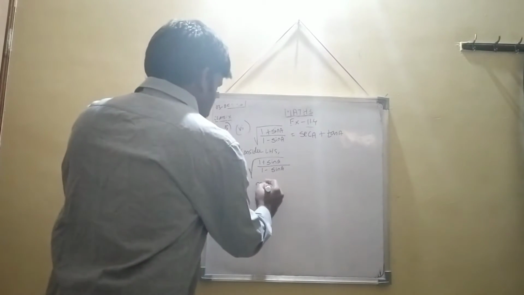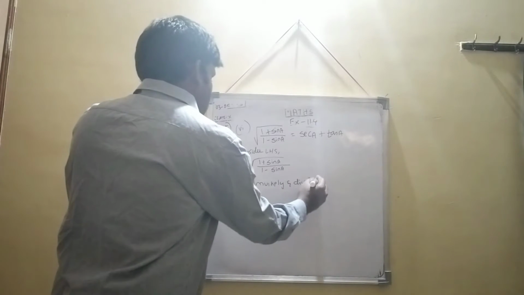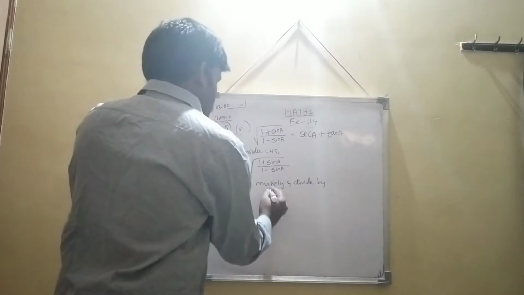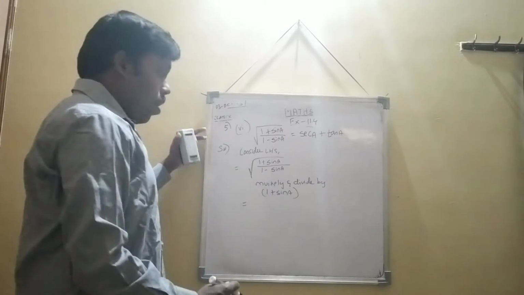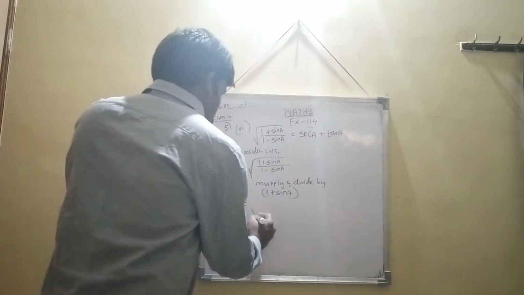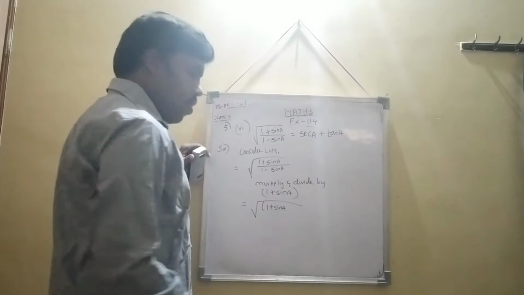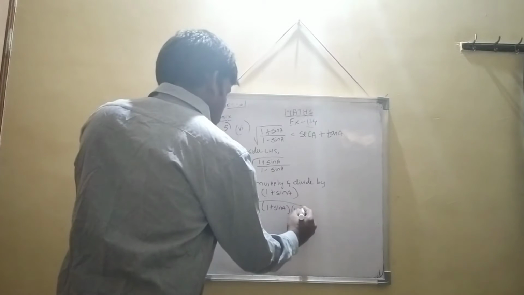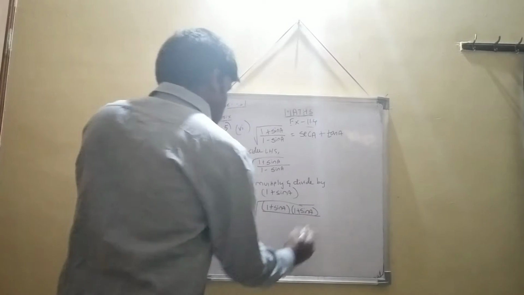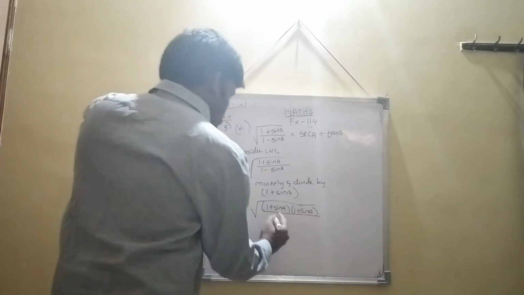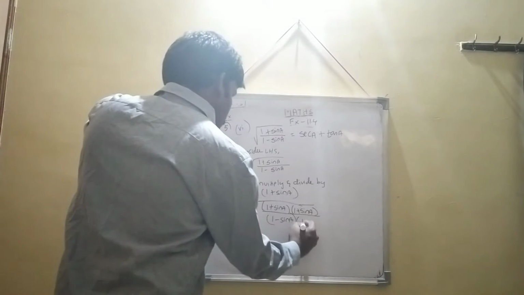Multiply and divide by 1 plus sine A. This is a very important type of problem. So it will be the square root of (1 plus sine A) into (1 plus sine A) whole divided by (1 minus sine A) into (1 plus sine A).